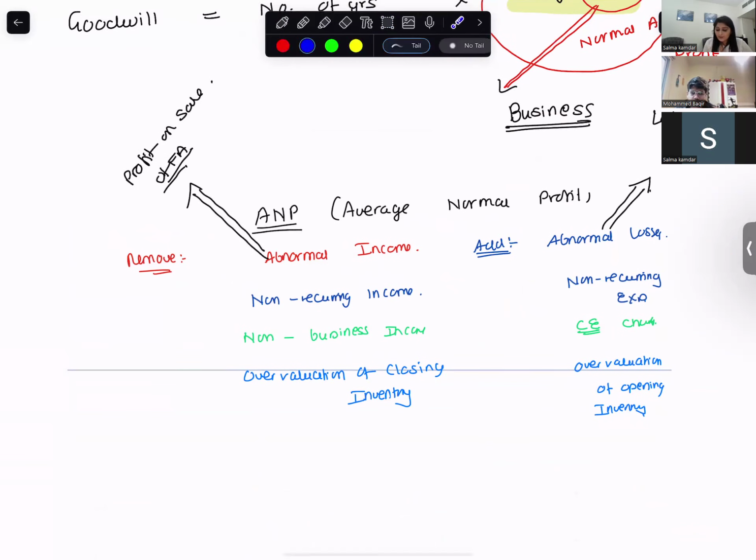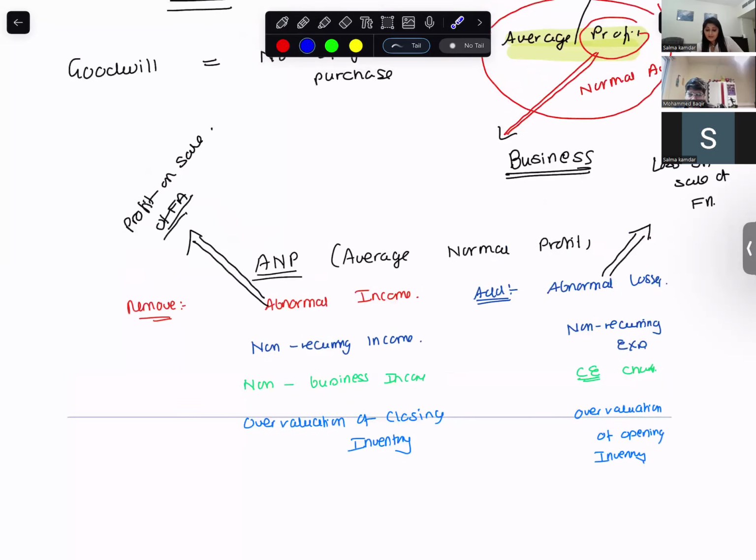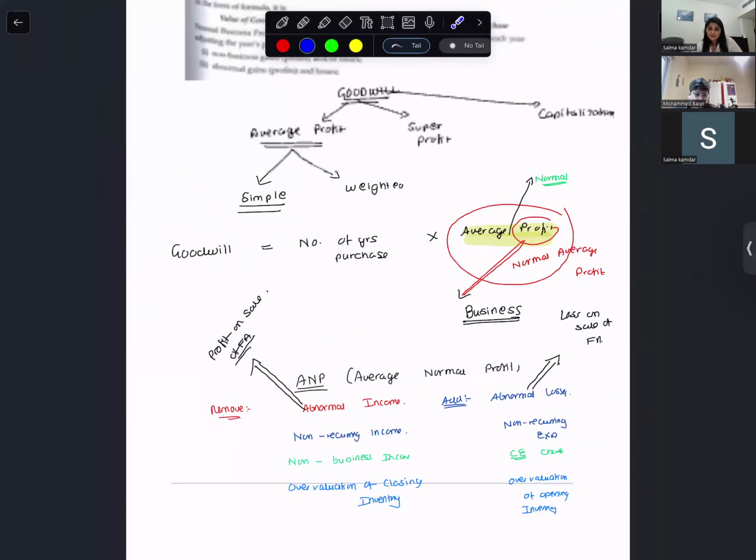You will remove abnormal income, non-recurring income, income that is not related to business, and overvaluation of closing inventory. You will add back abnormal loss, non-recurring expenses, capital expenses which you treated as revenue expenditure, and overvaluation of opening inventory. You need to write this, memorize this, and give take-ups of this.